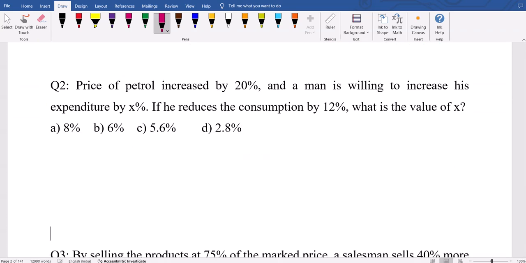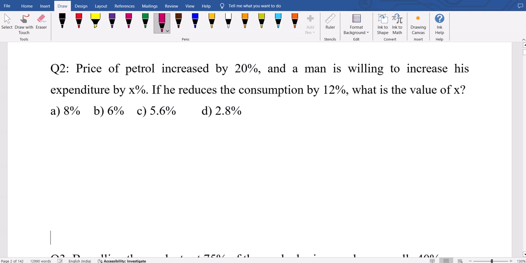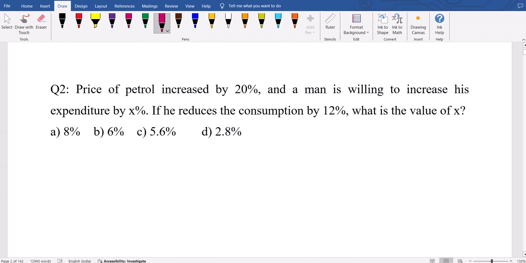This is regarding percentages. Percentages, profit and loss all mixed up we are doing. Now see this question here. Percentages related question. Price of petrol increased by 20%. A man is willing to increase his expenditure by X%.